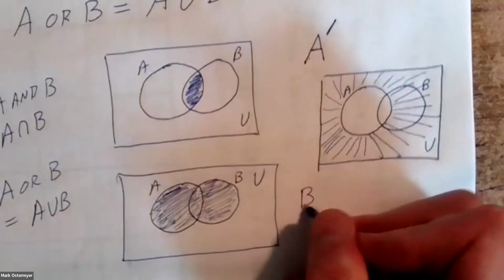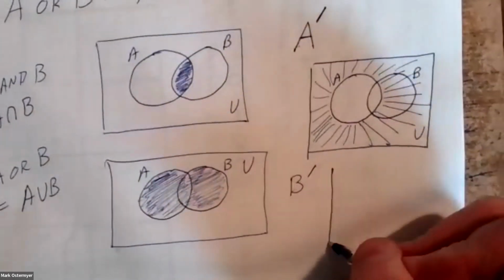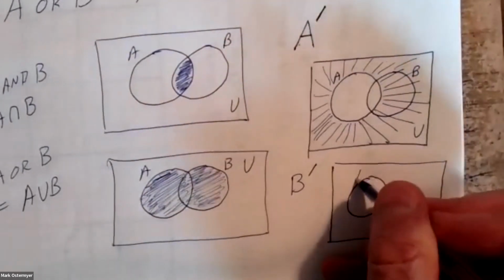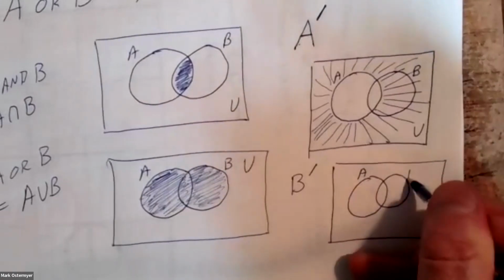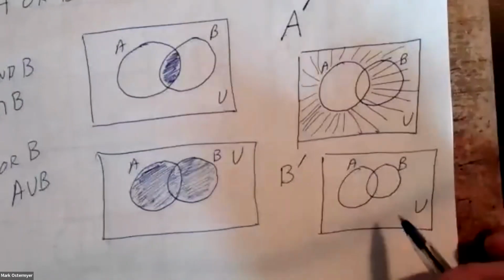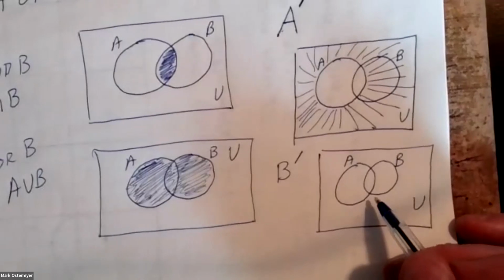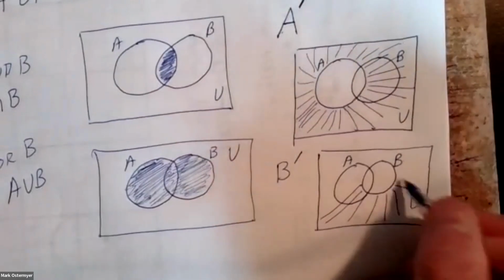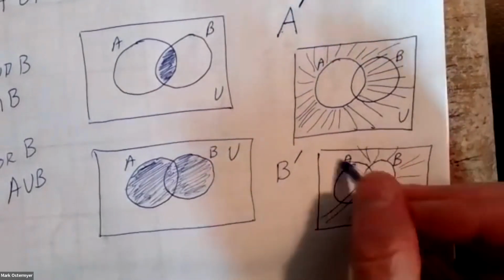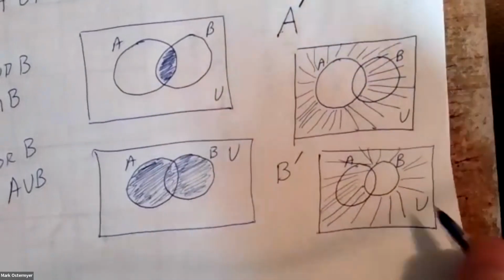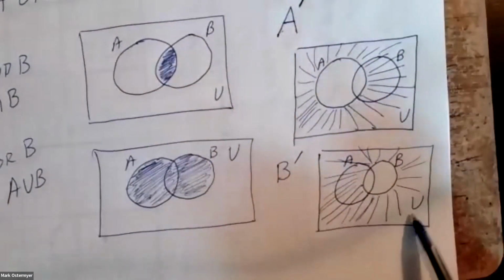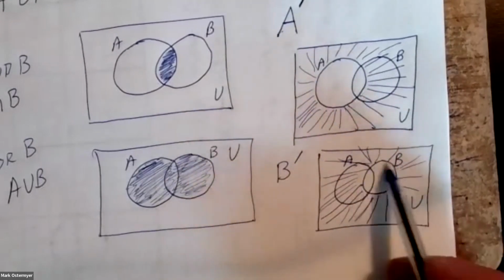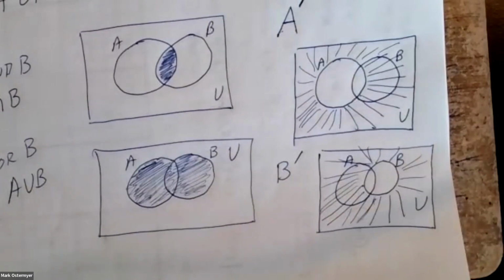What would be the Venn diagram for B complement, or the complement of set B? Well, that's got to be every element found in the universal set that's not found in set B. So to represent the Venn diagram of the complement of set B, we would shade every region that's outside of set B. This would be the Venn diagram that represents all elements that are in the universal set, but are not in set B. That's called B complement, okay?